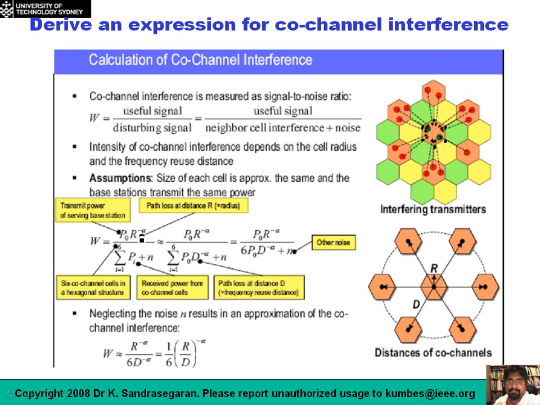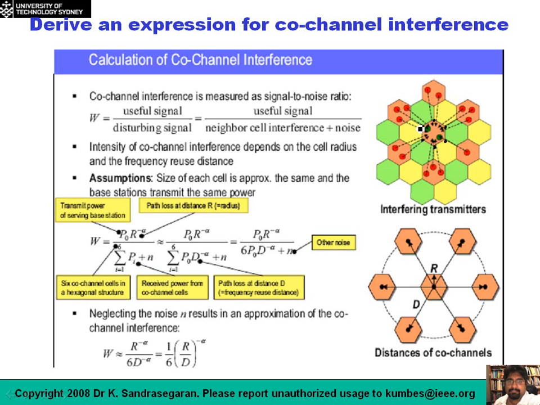We saw this expression: R is the distance from the base station, and as we go further away from the base station, the signal strength reduces by this coefficient, the path loss coefficient. So here the power will be P0 R to the power minus alpha, and we also have to work out the signal that is obtained from the interferer.